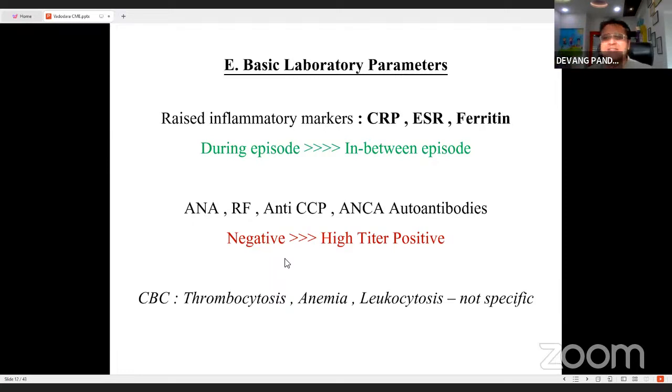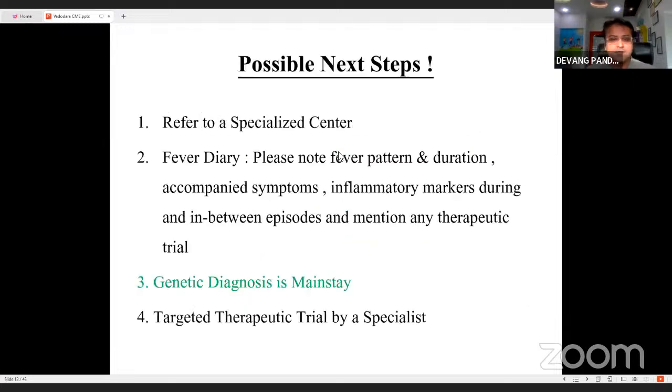And a simple CBC will help you, because thrombocytosis is an important inflammatory marker other than ESR and CRP, in the absence of severe anemia. And leukocytosis, but this is not very specific. All these investigations are not very specific, but they will just add to your clinical diagnosis.